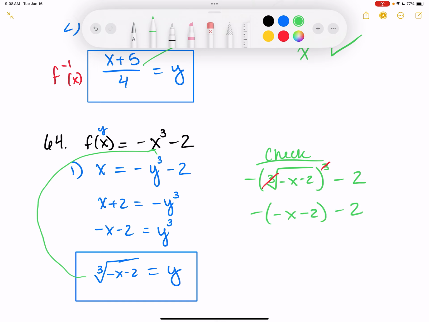So then distributing that negative, I've got x plus 2 minus 2 is x. And so again, I have verified that they are inverses of each other. Now you could do it the other way. You could plug this into this and the same thing is going to happen. Totally up to you.